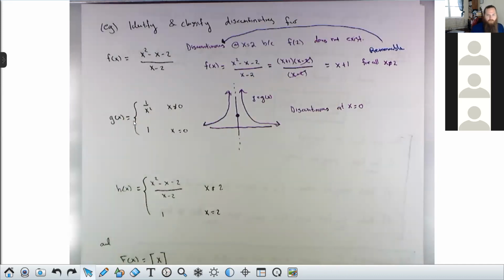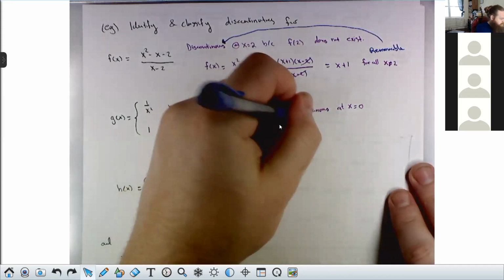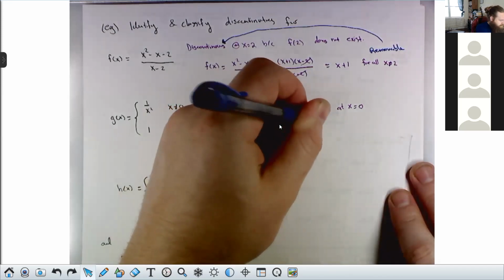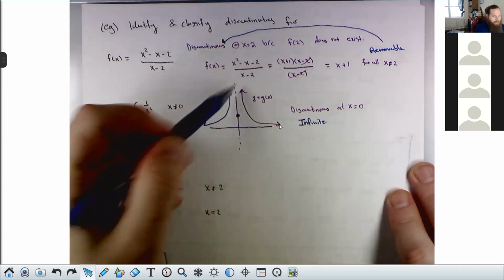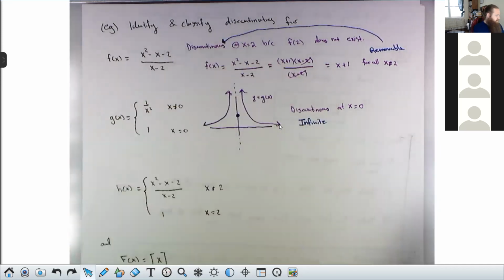That's the only spot where this thing has problems. The reason I have a separate piece here and a separate piece here is because of what happened at 0. Yeah, very good. The asymptote there. And I'm sorry, I didn't see the other comments in the chat. Yeah, this is an infinite discontinuity. Exactly. Because these guys are blowing up to infinity, because the behavior here is an asymptote, a vertical asymptote, we would call this an infinite discontinuity.